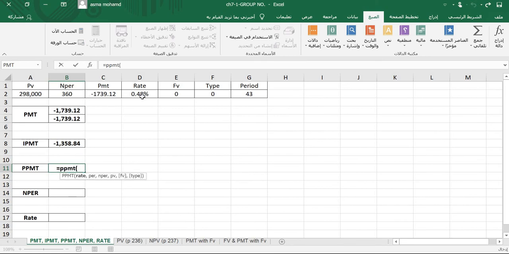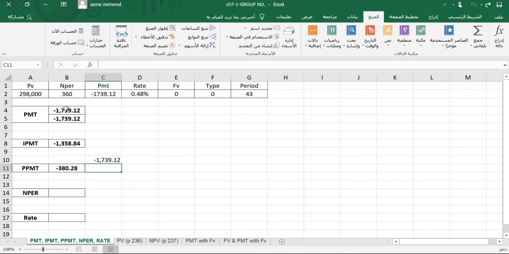There is no difference. Rate, period, number of periods, and then a present value and future value. Notice if we sum these two numbers, notice what number we will have. See here that we have the same as the PMT.